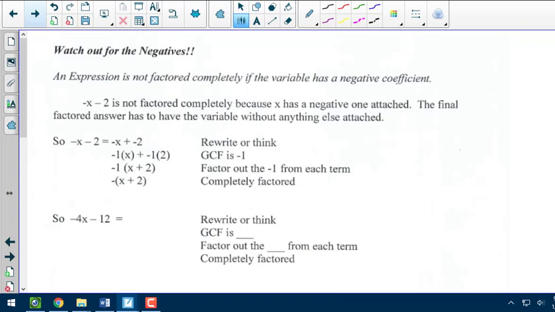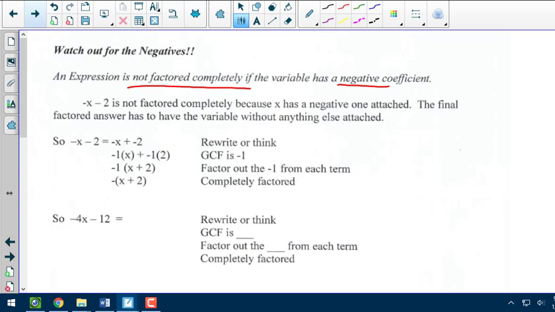Ooh, watch out for the negatives. An expression is not factored completely if the variable has a negative on it. Negative x and negative 2 is not factored completely because x has a negative 1 attached to it.